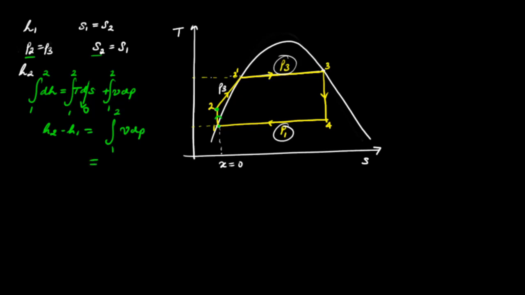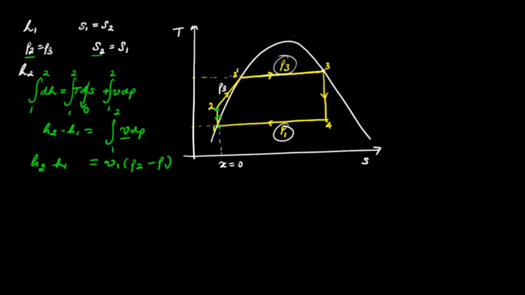Now, for a compressed liquid, the specific volume is more or less independent of the pressure. So if we know the specific volume at state 1, then the difference H2 minus H1 can be simply determined by this expression. So now we know this state 2.